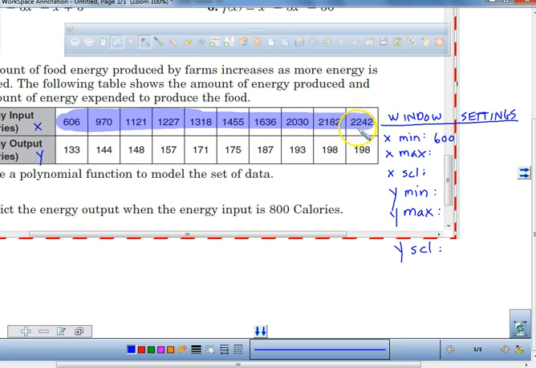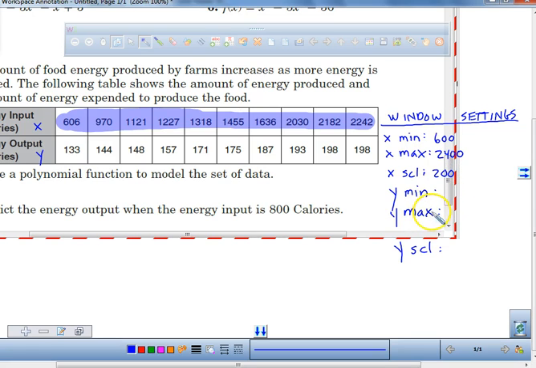Right here it says 2242. But actually, what I'm going to use is 2400. The reason why I'm using 2400 is I'm actually going to change the scale. What's the default scale? The default scale is 1. What I'd like to do is count up by 200s.